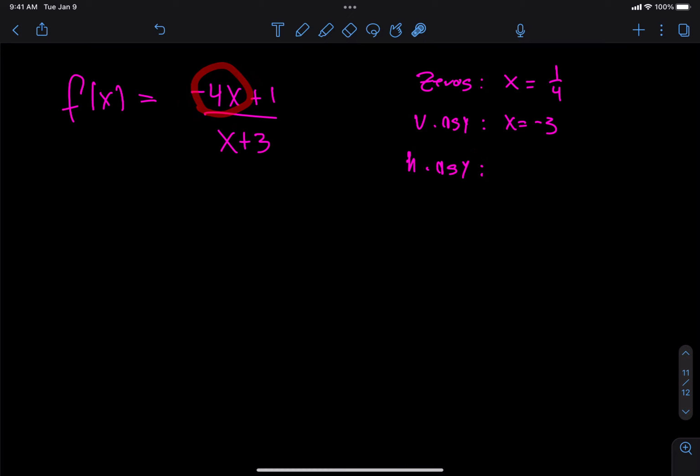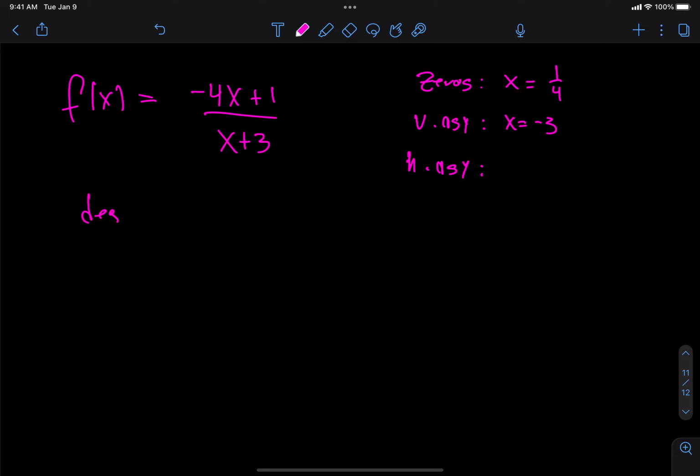And what's the biggest power of x in the denominator? 1. So they're the same. What is that going to mean for our horizontal asymptote? It's top divided by bottom. Yeah, we take the coefficient of the highest power in the numerator and we divide it by the coefficient of the highest power in the denominator in the case where the powers are the same.